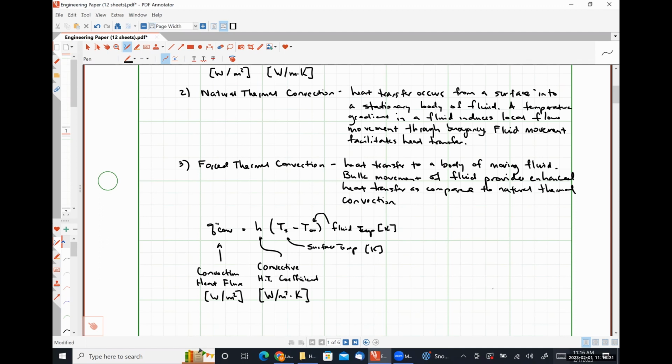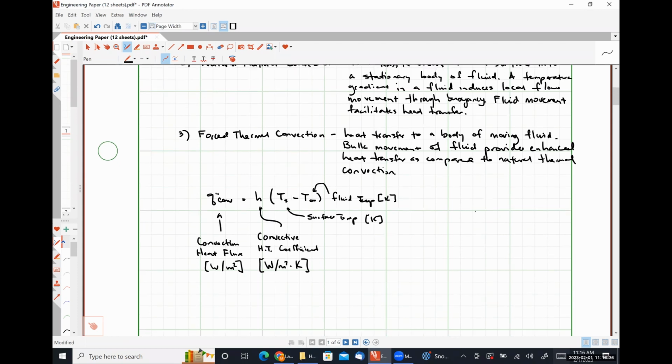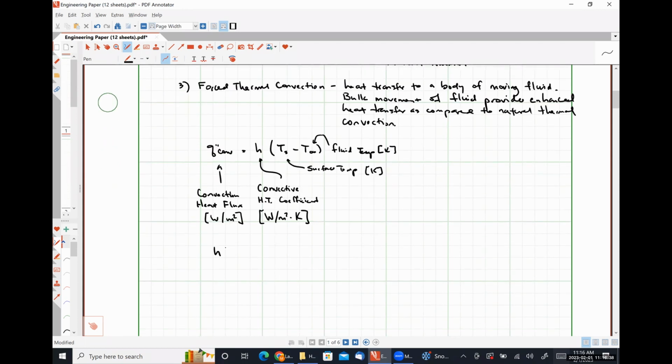So the value of H depends on a number of things, okay? H depends on surface geometry, fluid velocity, viscosity, and thermal diffusivity.